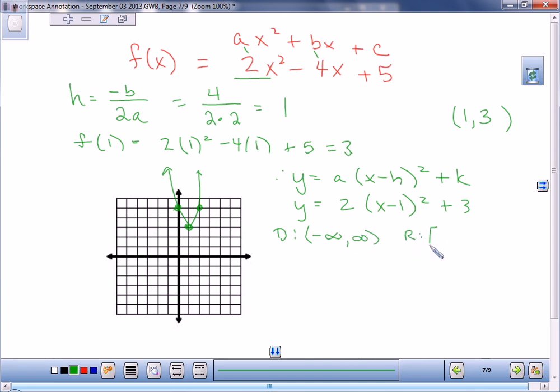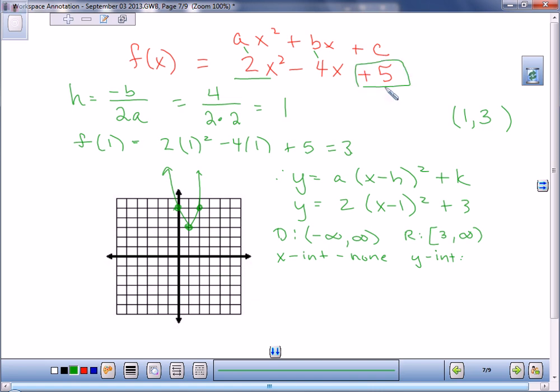X-intercepts. Does it cross the x-axis? No. None. Y-intercept. 0, 5. Look at this right here. Because if we plug in 0 for x, don't these first two go away?